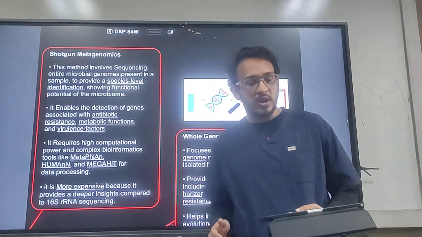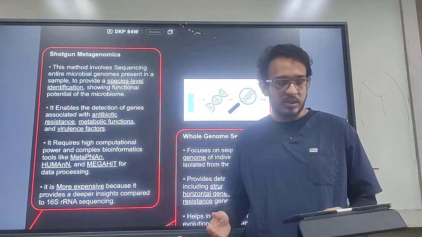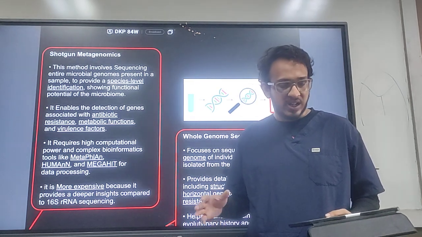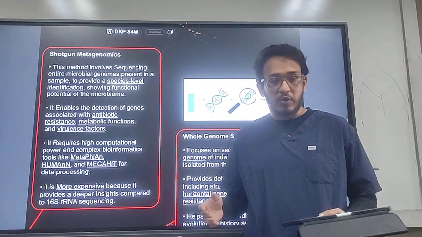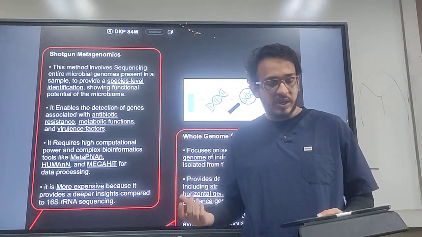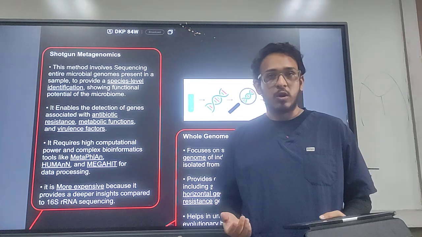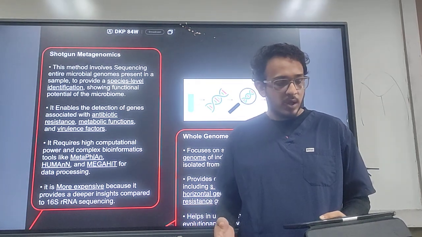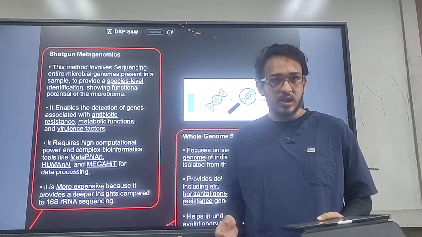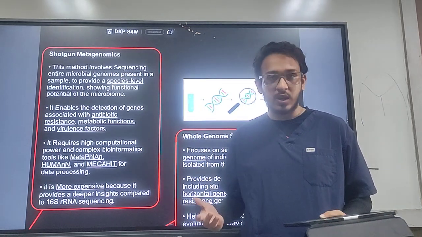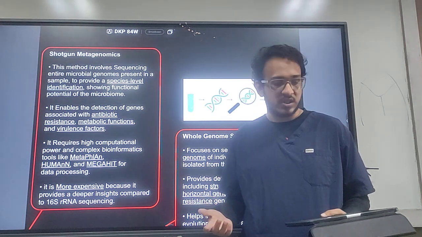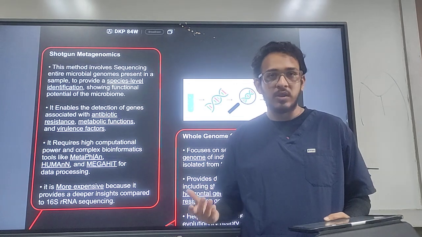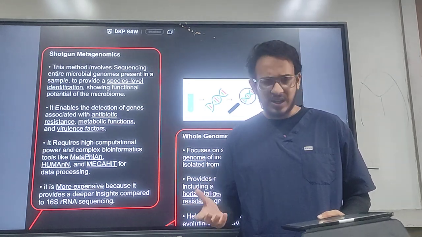The next is shotgun metagenomics. This method involves sequencing of the entire microbial genome that is present to provide a narrower, species-level identification by showing the functional potential of the microbiome. This enables the detection of genes associated with antibiotic resistance, metabolic functions and virulence factors. So these can also be mapped out in the genome sequence of the bacteria.